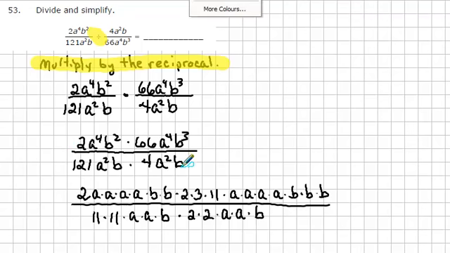At this point, we can go ahead and divide out the common factors. We have a factor of 2 on the top and a factor of 2 on the bottom, so those divide out to give us 1. We have 4 factors of a on the bottom and 4 factors of a on the top, so divide out the 4 factors of a on the top and the 4 factors of a on the bottom.